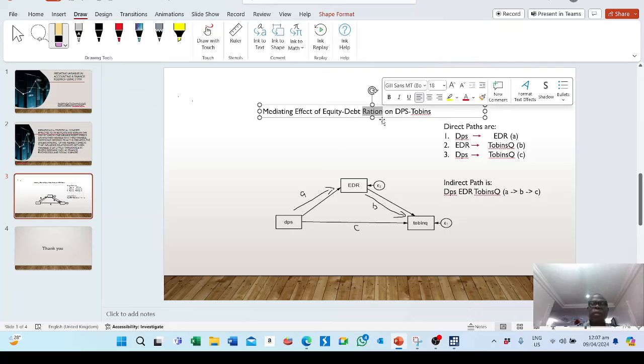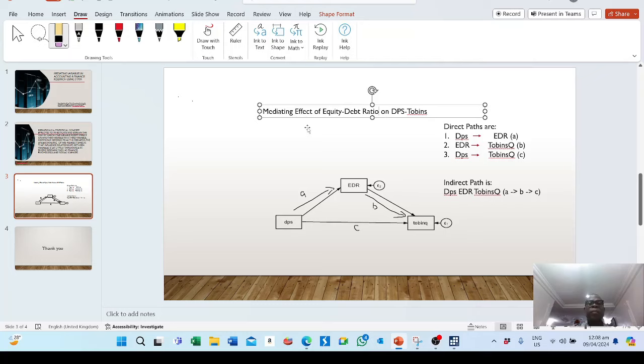What is the mediating role? What we are saying is the mediating role of debt to equity ratio on the DPS TobinsQ relationship.